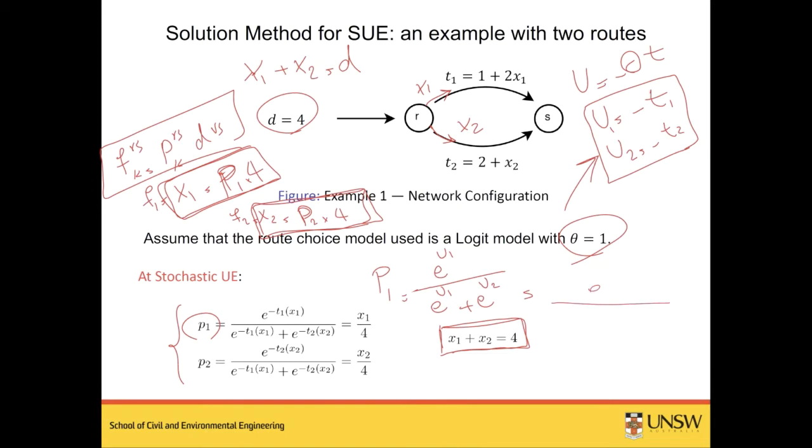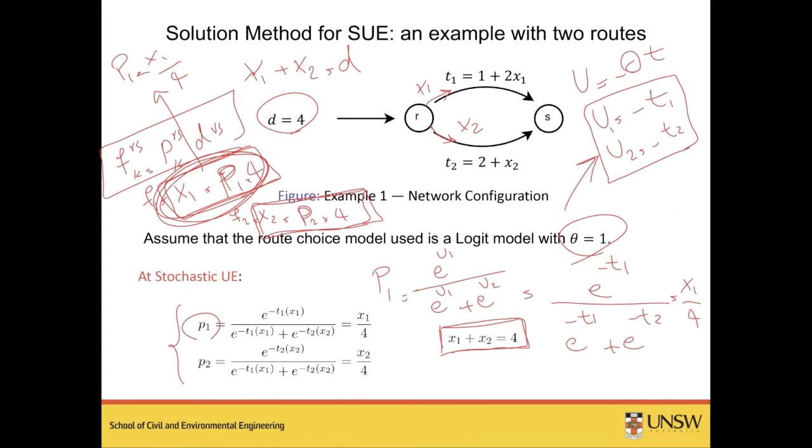So that would be exponential of minus t1 over exponential of minus t1 plus exponential of minus t2. And that is equal to x1 over 4, right? Because this says p1 is equal to x1 over 4. So we're just replacing p with the logit formula that we had.